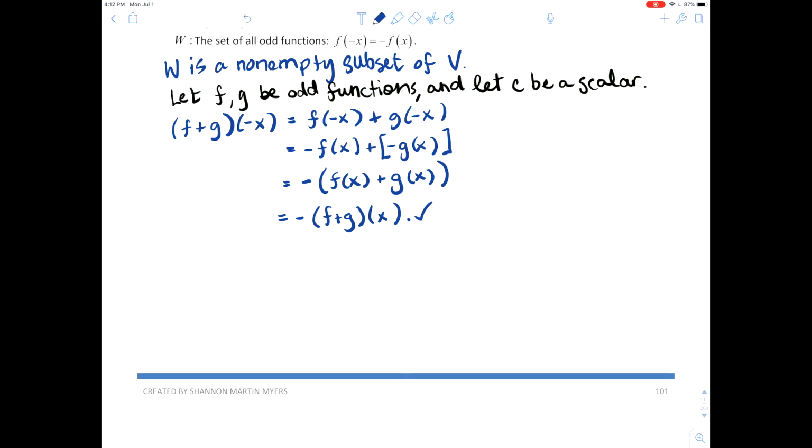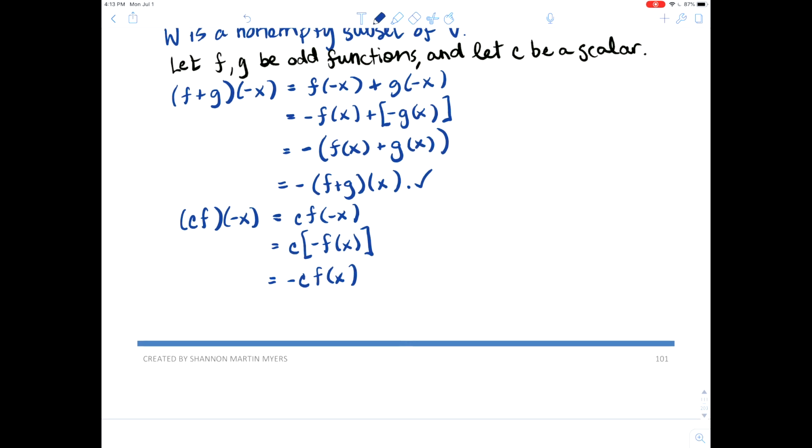Cool so far? All right, now c times f at negative x is, good, c times f at negative x, but that's equal to c times negative f at x, since f is odd, which is equal to negative c times f at x, which is equal to negative cf at x.